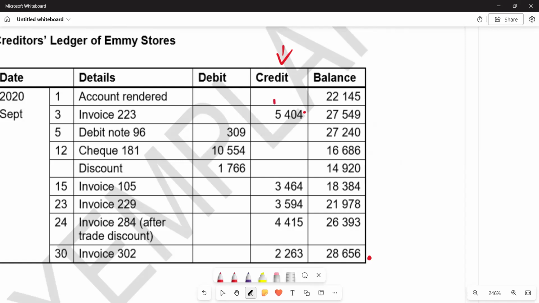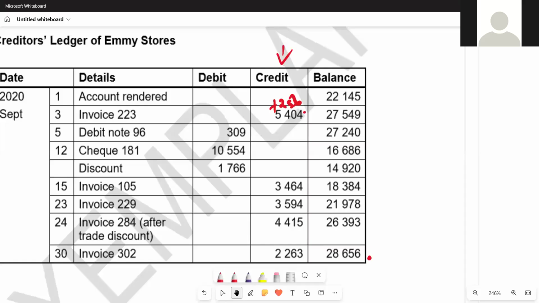We're going to have a plus 256, so that it goes to 5,660. So we are saying the figure that we are having there is 5,404. We are supposed to add another 256.